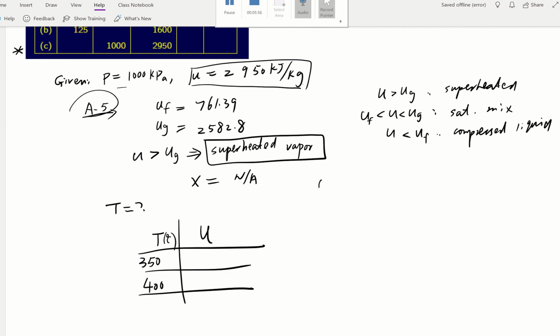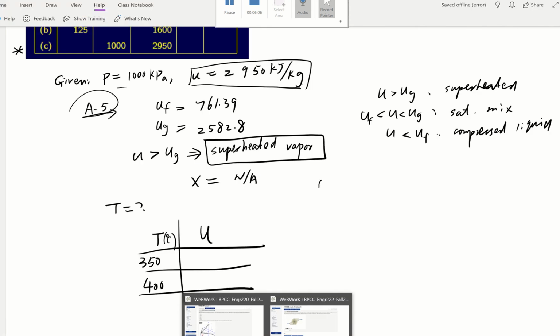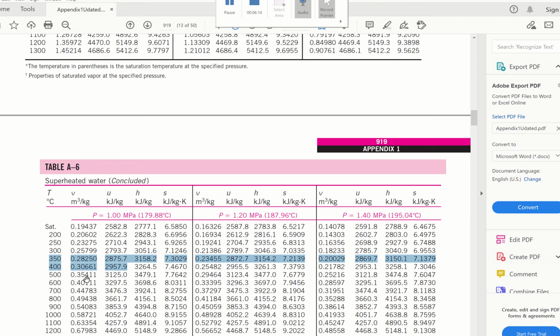And our U corresponding to 350 is 2875.7. And now let's go back and look at 400 degrees Celsius. Our U is 2957.9.